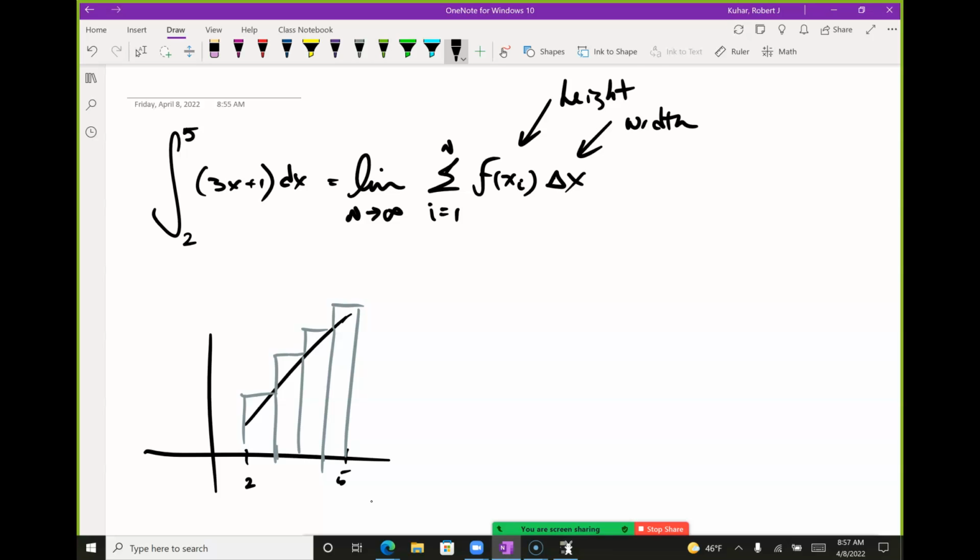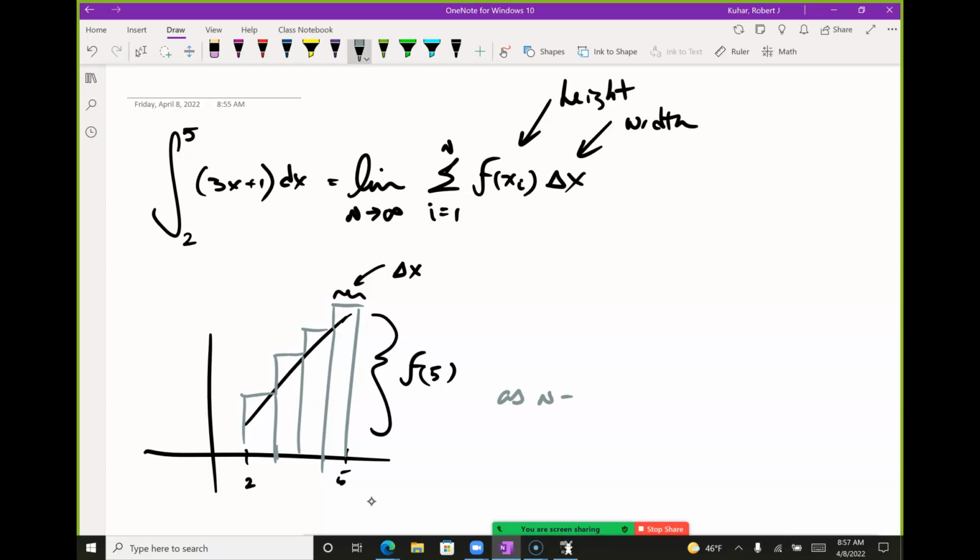So this particular height is f of 5, and this particular width is delta x. So I'm going to get the area using these rectangles. Now, is this an overestimate or an underestimate of the area? Definitely over. You can see the pieces on top of the curve. I want the area under the curve, and I've got a little bit of extra area on top of the curve.